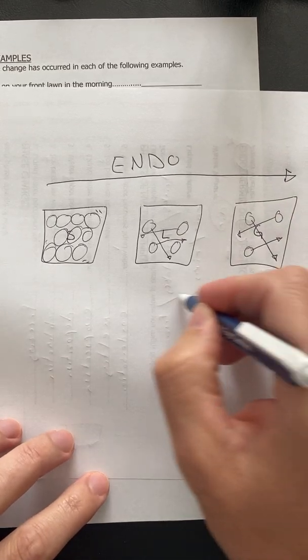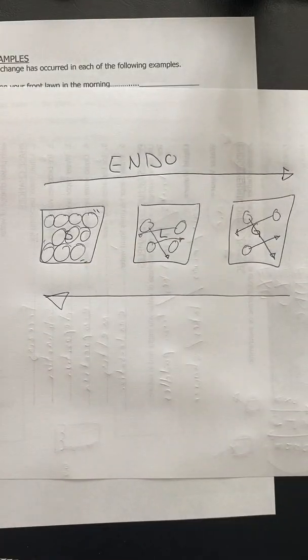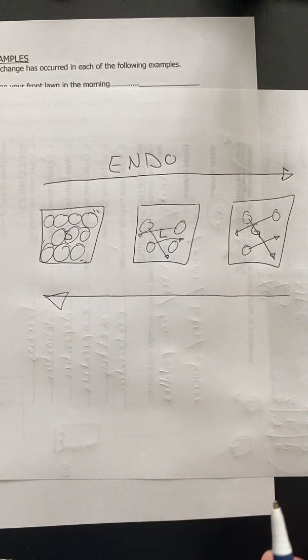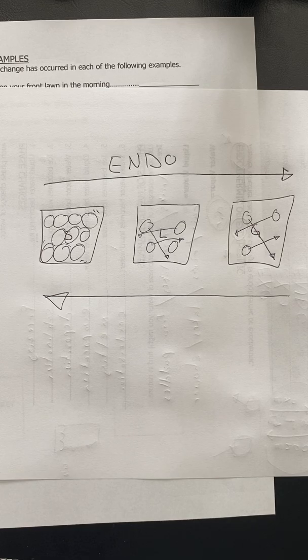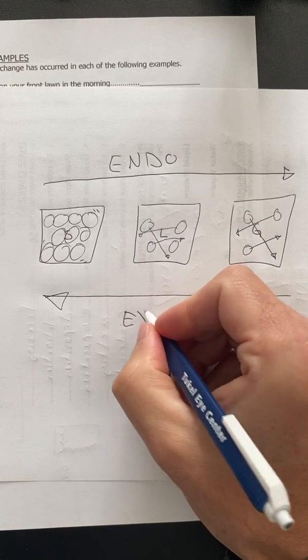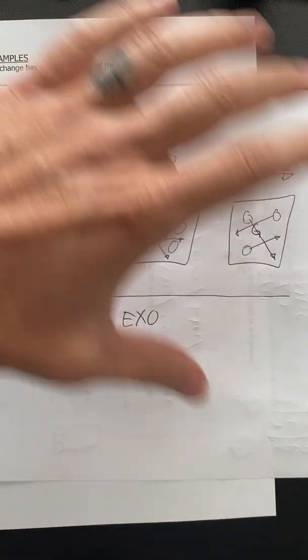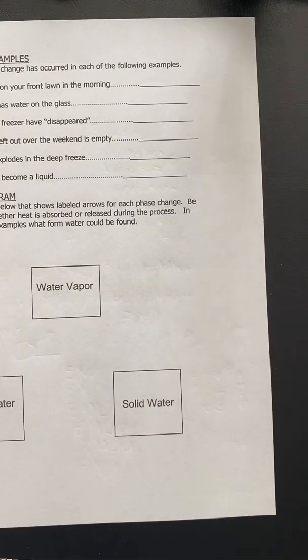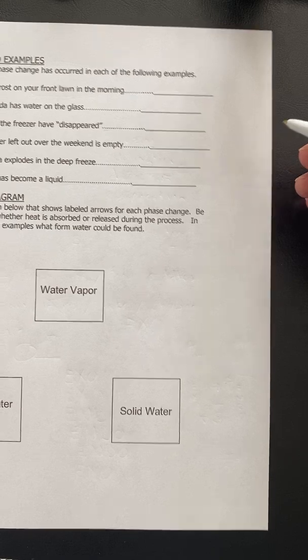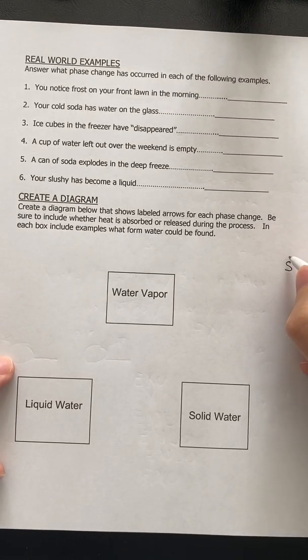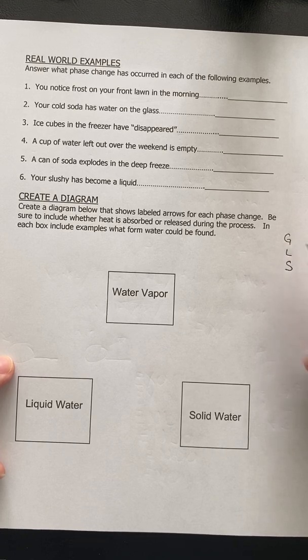So the other side of this is if I'm going down in a phase change from a gas to a liquid, or a liquid to a solid, or a gas to a solid, I got to have energy get kicked out of that. So it's going to be exothermic. So a way that you can show all this is if you think from top to bottom, my slowest is solid, liquid, gas, right?